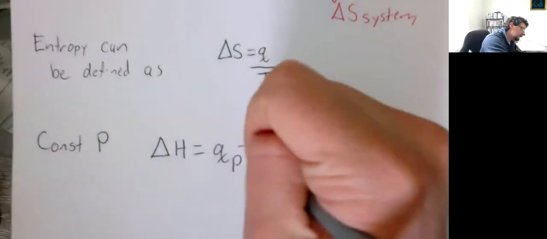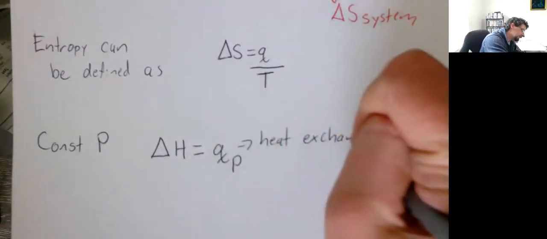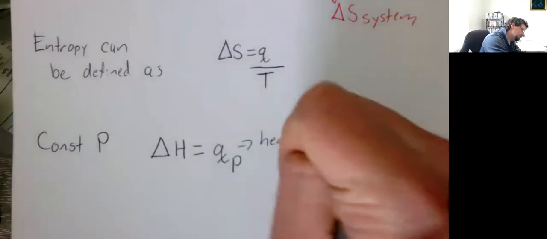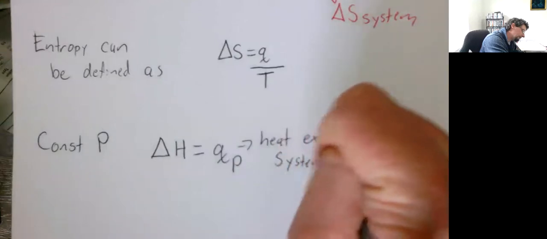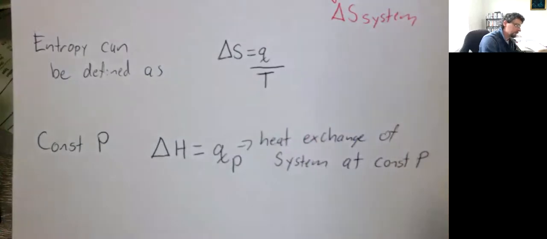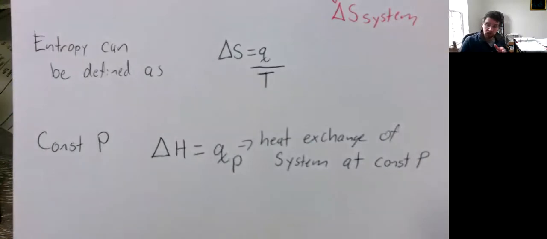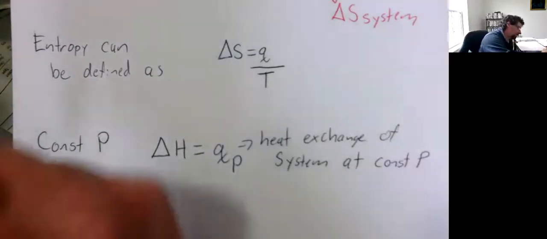So this is the heat exchange of system at constant pressure. So we know the heat exchange is equal to the change in enthalpy of a system at a constant pressure.